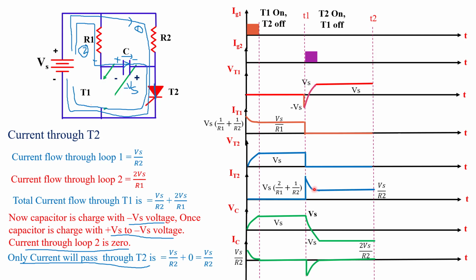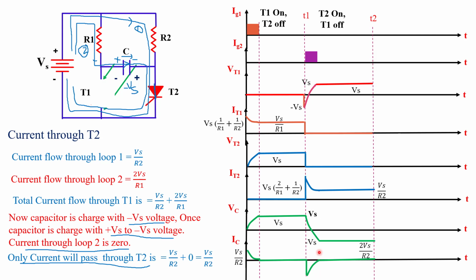At this point, the capacitor is completely charged with minus Vs voltage. So here we see in the waveform of the capacitor, at this point the capacitor is charged with minus Vs voltage. So this is the time duration where the capacitor is charged from plus Vs to minus Vs voltage. Okay, after that the capacitor will hold minus Vs voltage. At this time duration, current across the capacitor is maximum. And when the capacitor starts charging with minus Vs voltage, current across the capacitor starts decreasing.